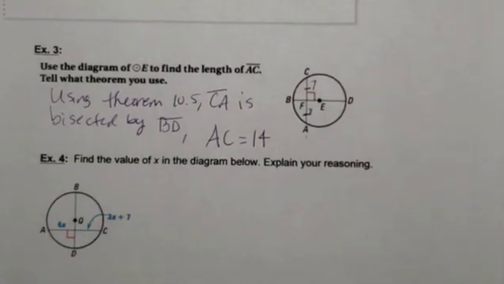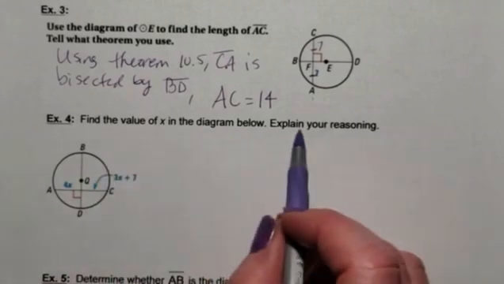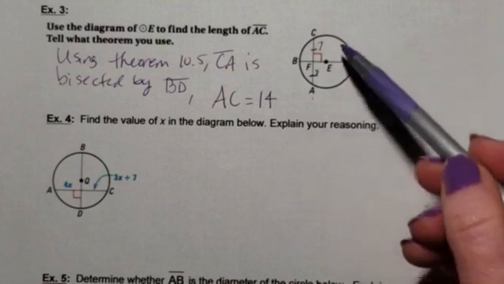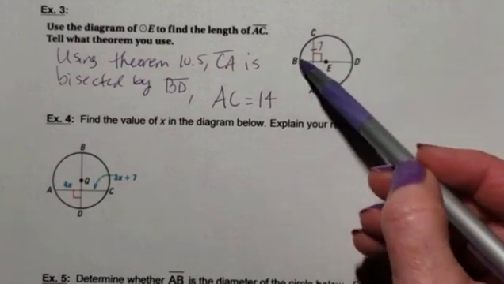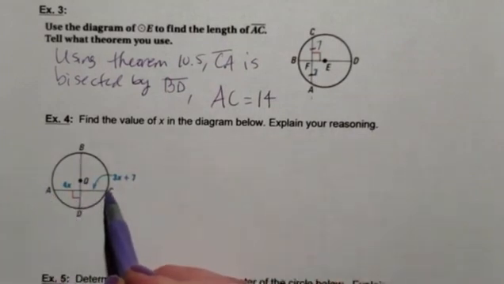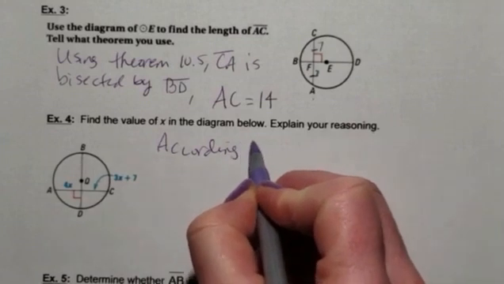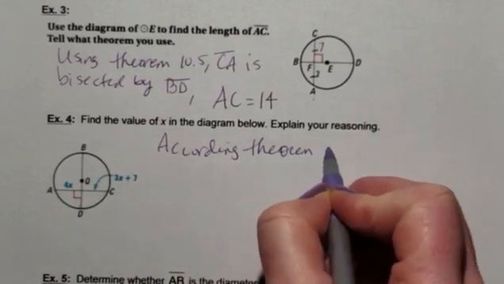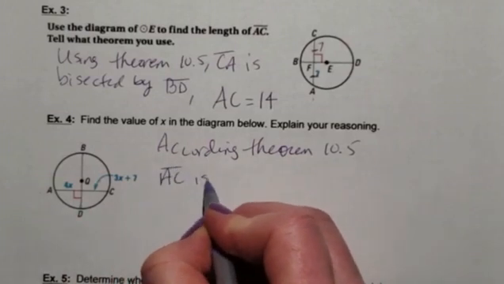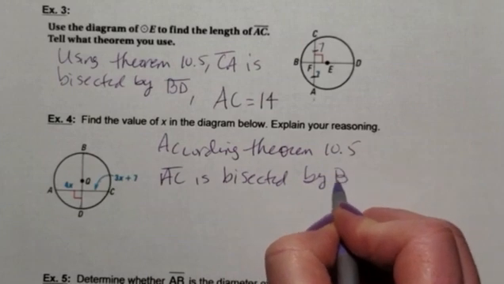Okay, let's take a look now at example 4. In example 4, we want to find the value of X in the diagram below. Explain your reasoning. And again, we have something similar to what we had above. We have a diameter that is perpendicular to a chord. So according to theorem 10.5, I know that AC is bisected by the diameter BD.